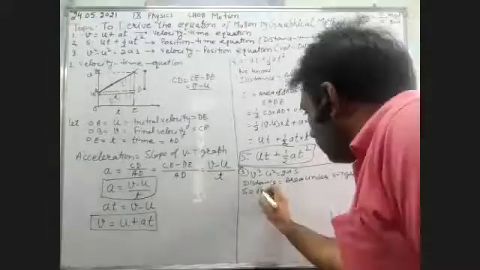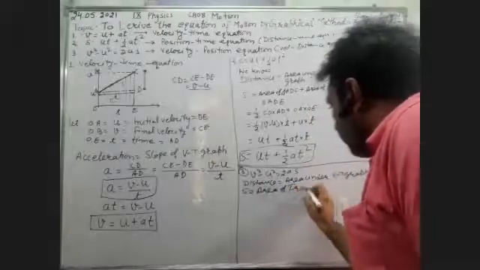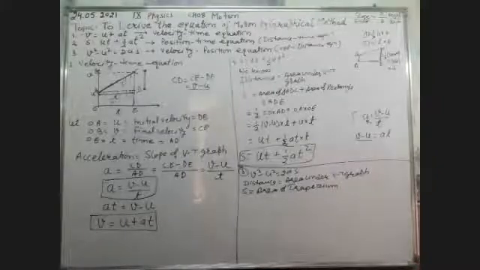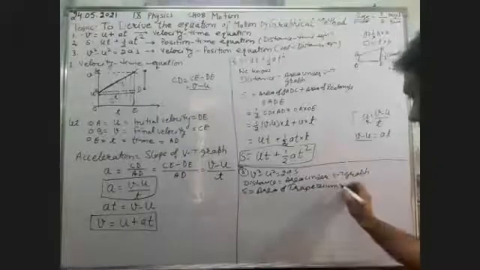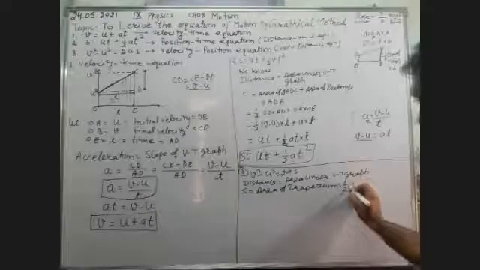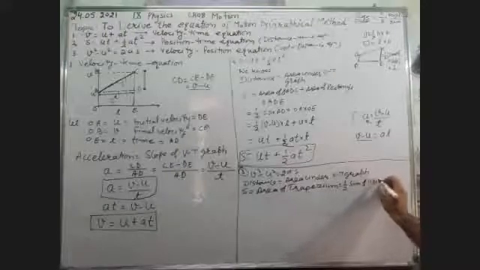Now we have to calculate the area of trapezium. And what is the area of trapezium? Area of trapezium is 1 by 2 sum of parallel sides multiplied by perpendicular distance between parallel sides.